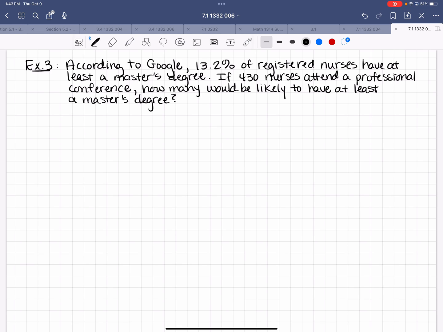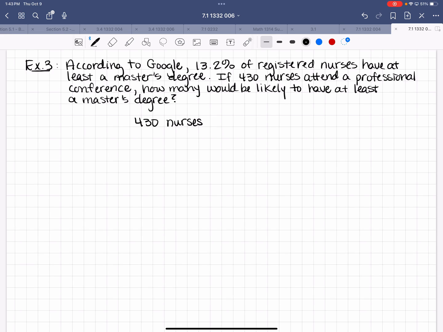Okay, so according to Google, 13.2% of registered nurses have at least a master's degree. If 430 nurses attend a professional conference, how many would be likely to have at least a master's degree? Okay, so let's talk about what we know. What's the number of nurses that are present at the conference? 430 nurses, okay.